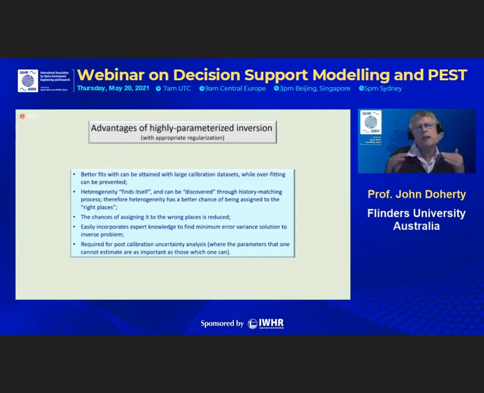It gives the inversion process freedom to introduce heterogeneity where it needs to be introduced. More importantly, it prevents us putting false heterogeneity where there's no information about heterogeneity, because we don't have enough parameters to differentiate between where heterogeneity is needed and where it's not.